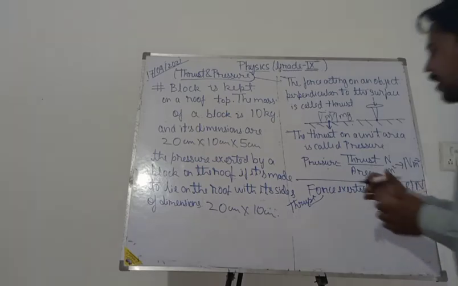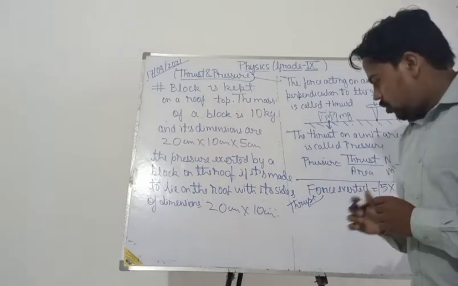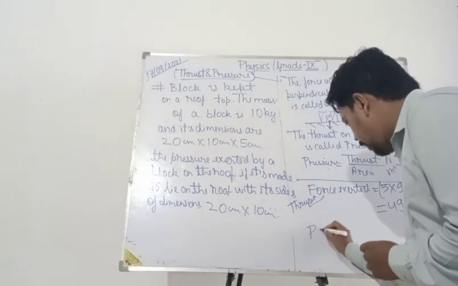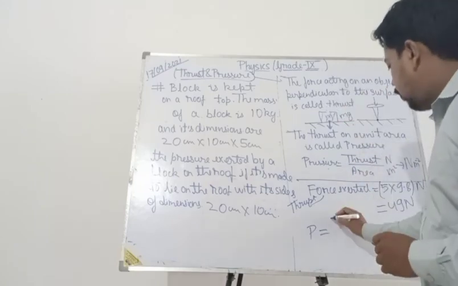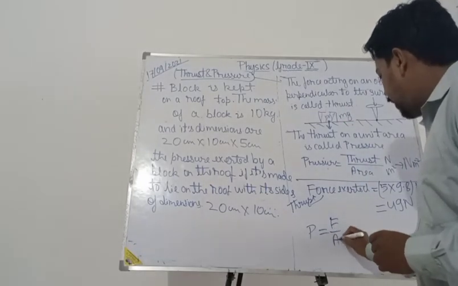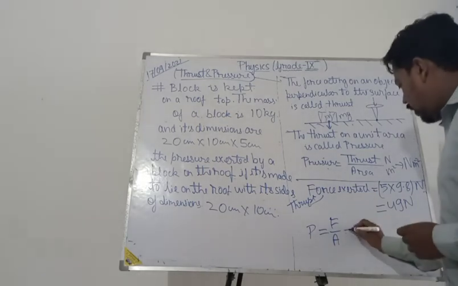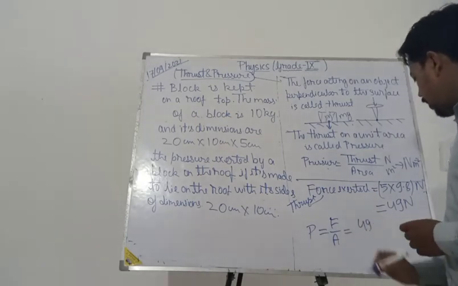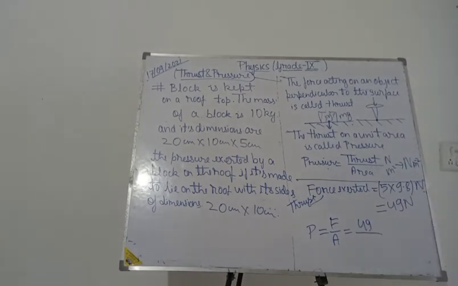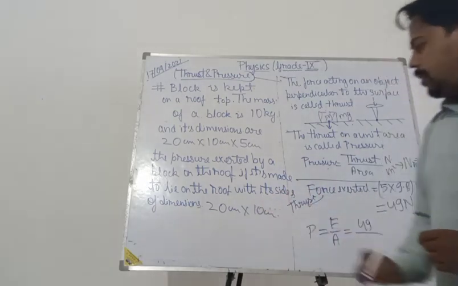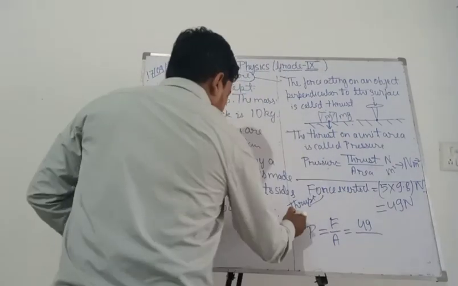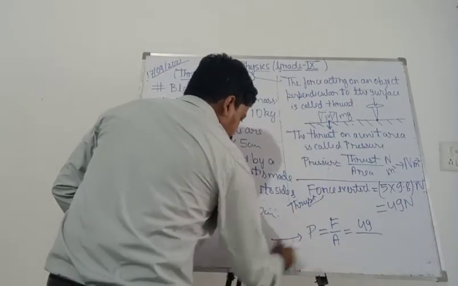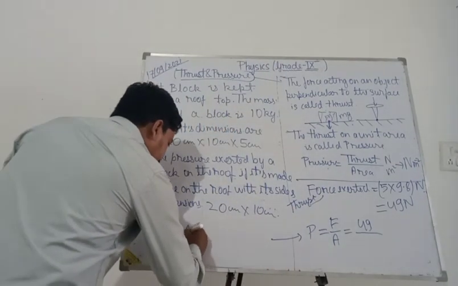So what will be the pressure? Let us denote the pressure by P, that will be equal to force per unit area, or thrust per unit area. We have calculated the force, that is 49, and we need the area. Before coming to pressure, what will be the area?